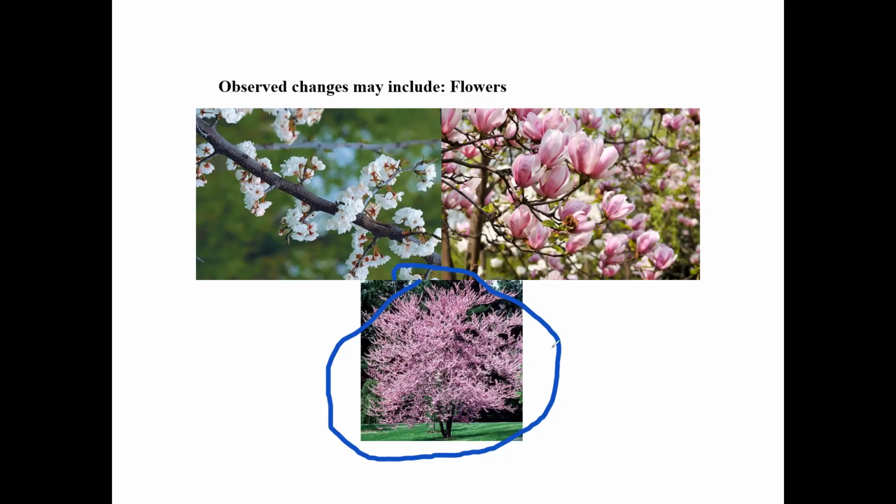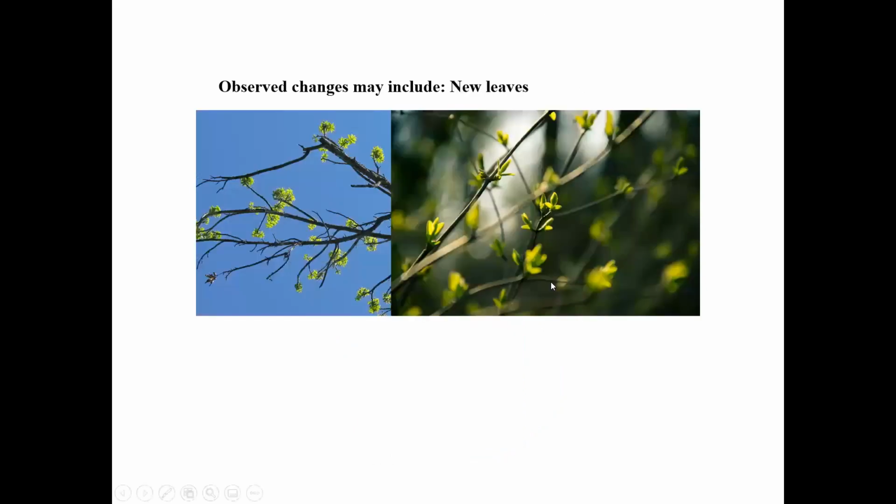So your photo might look like the one on the bottom, or your photo might look like this. It's up to you. You can be creative. You can also include more than one photo each time you visit. Let's say you show up one day and your plant has not only flowers, right, but also leaves too.